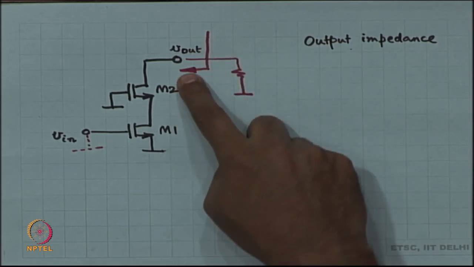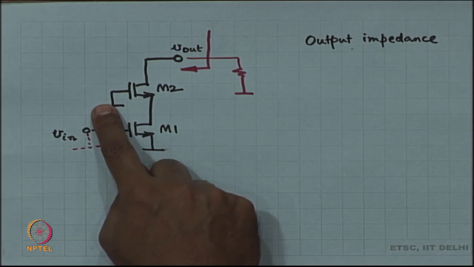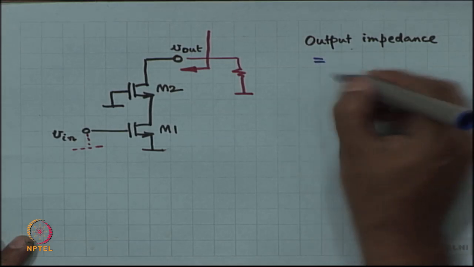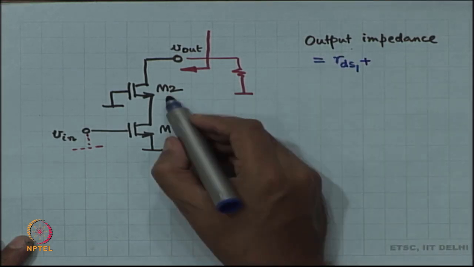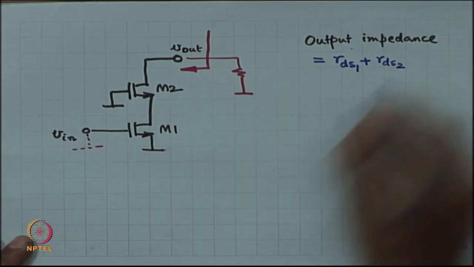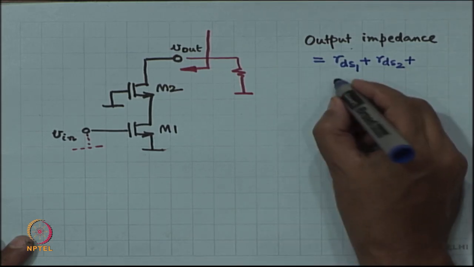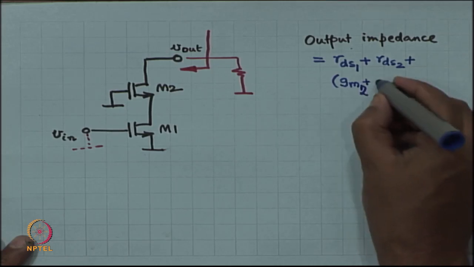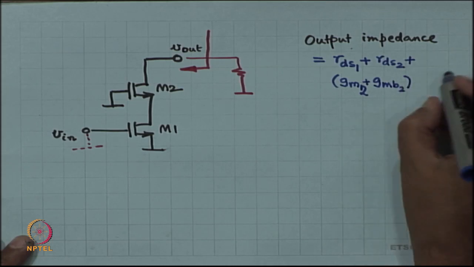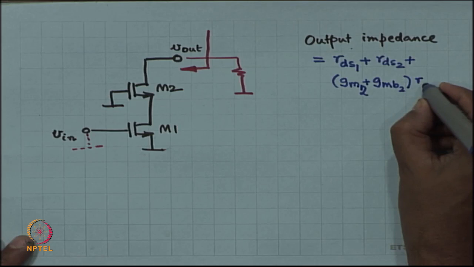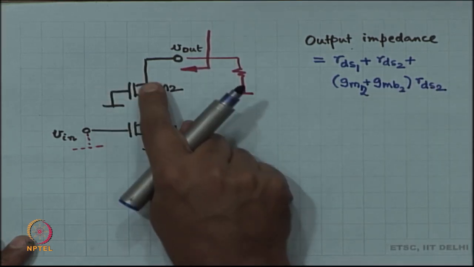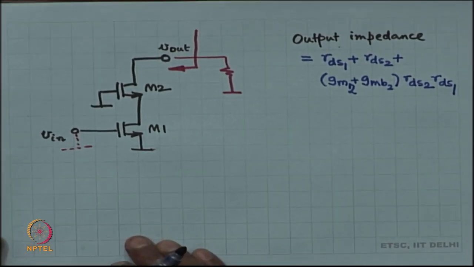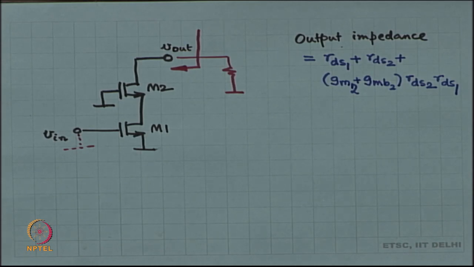So, if you look in from the drain, the gate is terminated to ground, the source is terminated to ground through a resistor RDS 1, and therefore, the output impedance is nothing but RDS 1 plus RDS of this MOSFET plus the intrinsic gain of this MOSFET times RDS 1. Okay. Remember the formula?